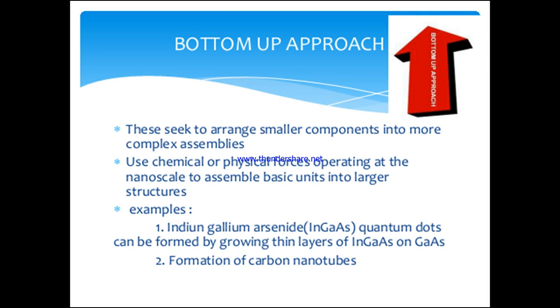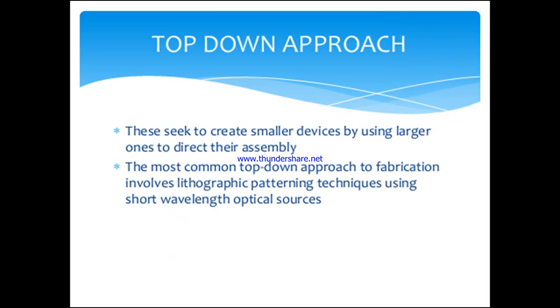In the last class session we have seen what we mean by carbon nanotubes, single-walled carbon nanotubes and multi-walled carbon nanotubes. We have seen the same carbon nanotubes can be made by using the bottom-up approach here.